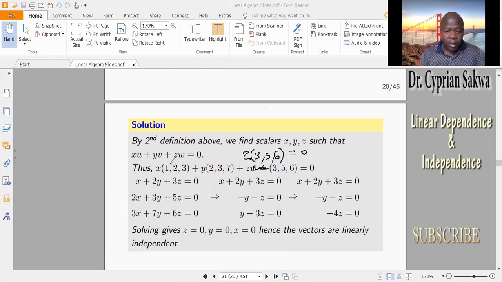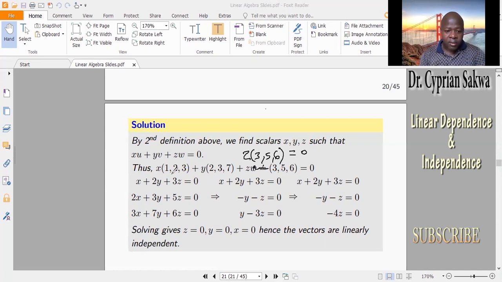So it's x times the first vector plus y times the second vector plus z times the third vector equals 0. Let's just multiply out. X times the first element gives us x, y times the first element gives us 2y, z times the first element gives us 3z, and that equals 0.